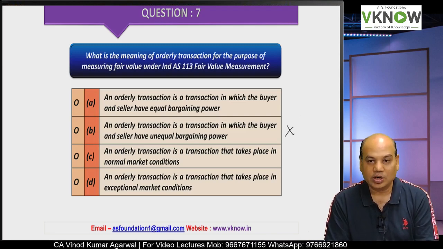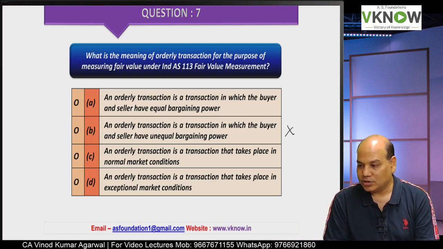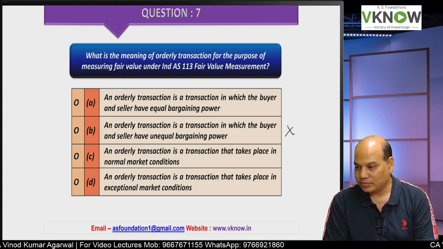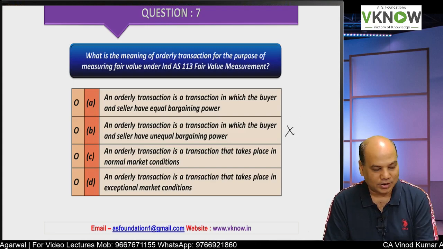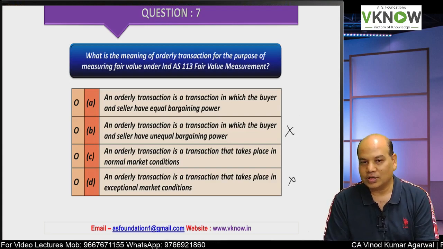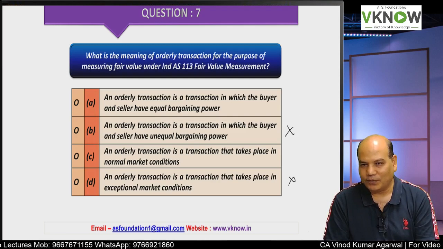No, it can't be orderly transaction. An orderly transaction is a transaction that takes place in a normal market condition. An orderly transaction is a transaction that takes place in exceptional market condition. Exceptional is also not right. So now there is a choice between A and C. 50-50.